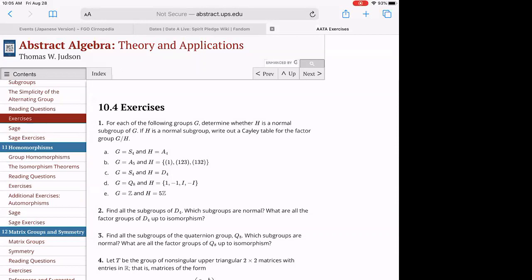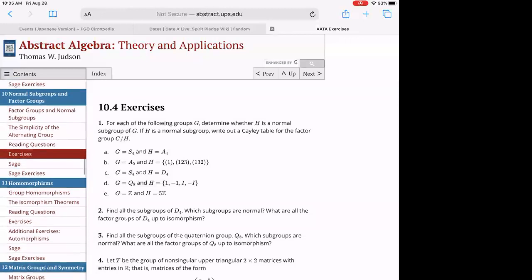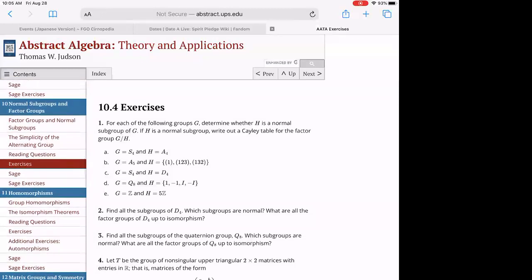And then I guess C would be the hardest part. I mean, it's still just conjugating cycles. D and E, part D, it's only 8 elements, right? You could just check all of it. And then part E, there's a theorem, right? If you remember, you do see my screen, right?